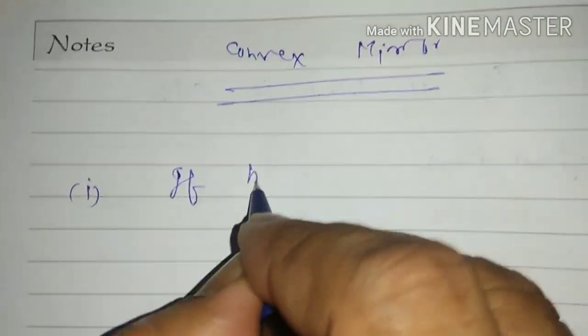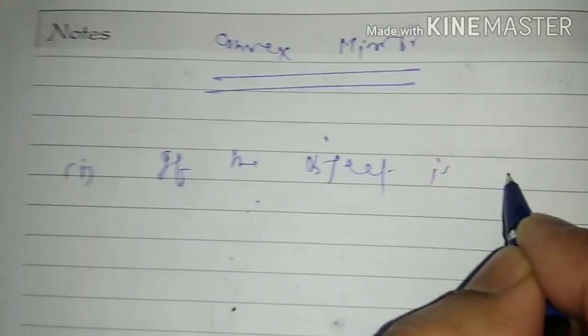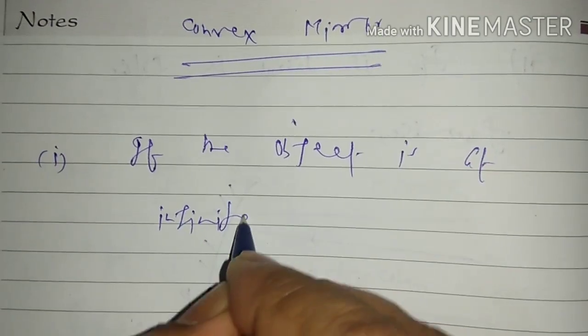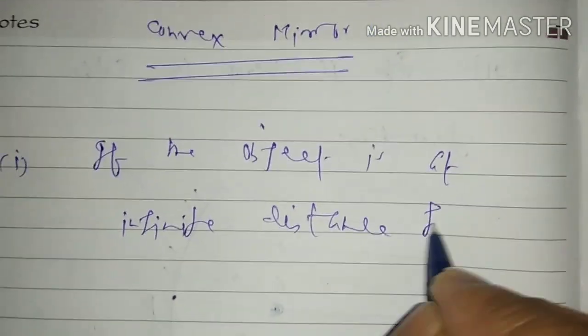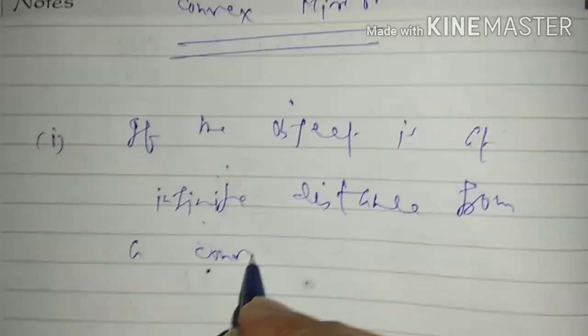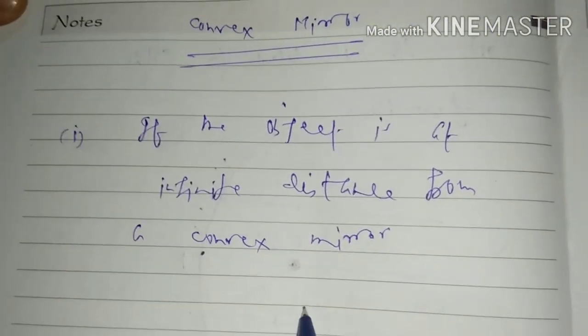First case, if the object is at infinite distance from a convex mirror. Suppose this is convex mirror.